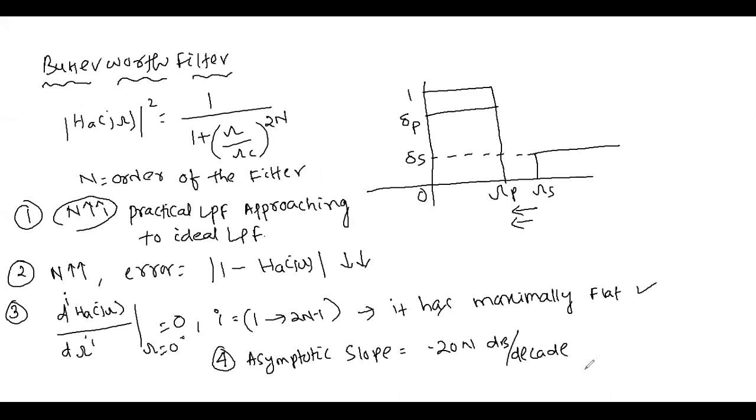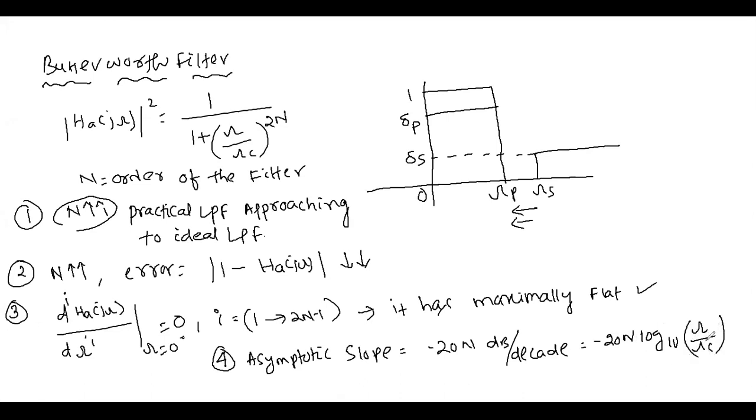Okay, now all of it is clear? So the third one is the asymptotic slope. The asymptotic slope is minus 20 dB per decade, which I already said yesterday. The asymptotic slope is minus 20 n log of omega by omega c.